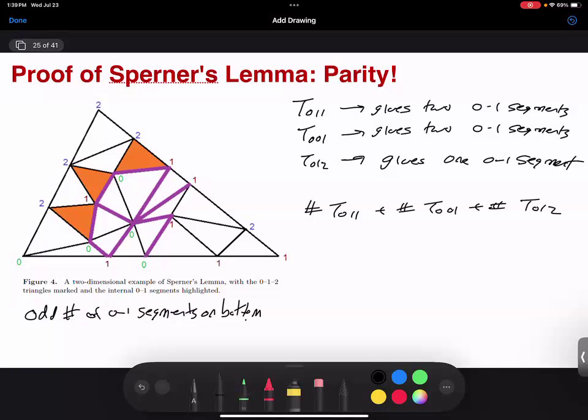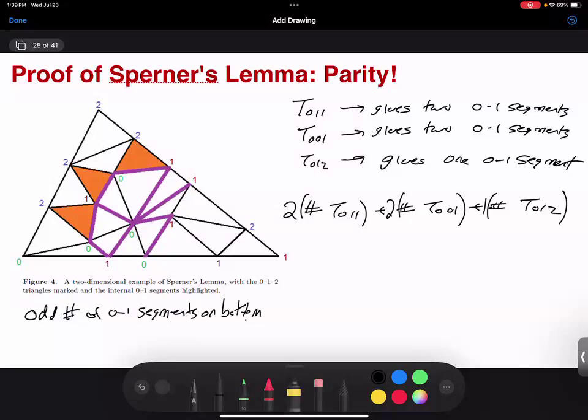Well, let's put a little weight. Let's put a 2 times the 0-1-1, and let's put a 2 times the 0-0-1, and then we'll put a 1 times the number of 0-1-2. What does this count? Does this count the number of adjacencies between 0-1 segments and triangles?